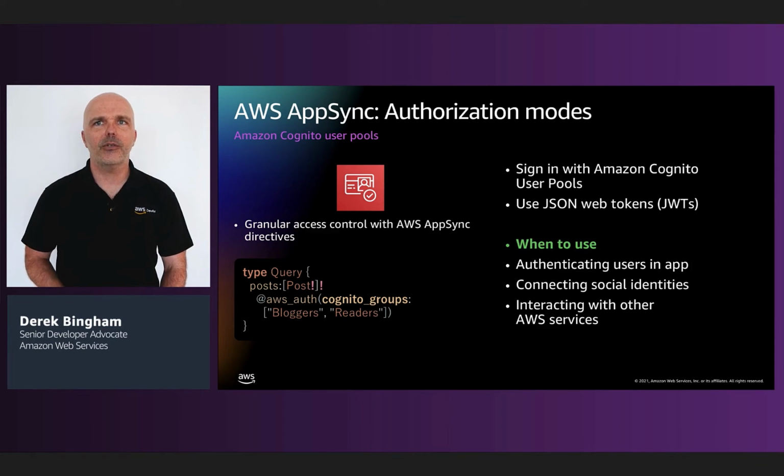Additionally, with the Cognito access mode, you can also implement granular access controls using directives. So what you can see here, for example, on the left, is a post field on my query type that's being specifically controlled. I'm using the AWS Auth directive to specify which Cognito groups should have access to this post. So in this case, I don't need to write any specific business logic.